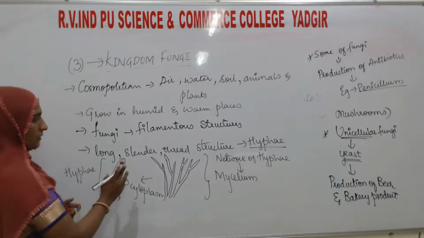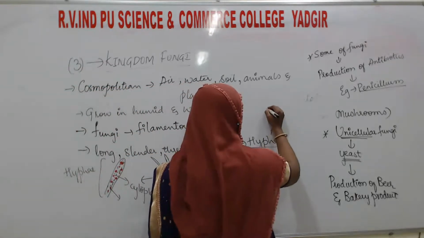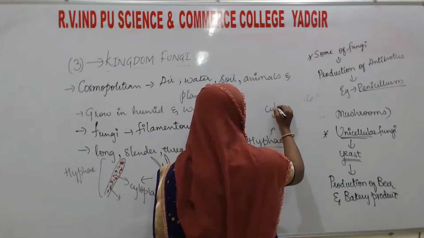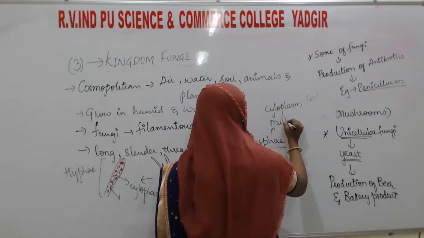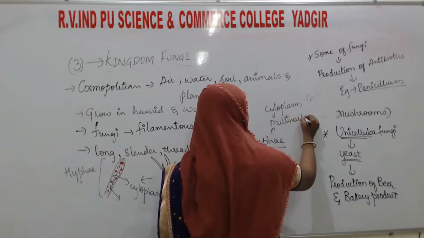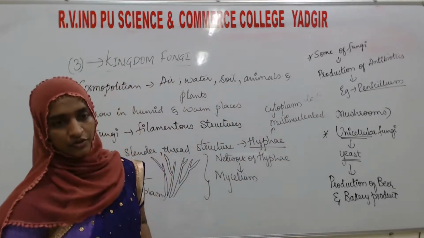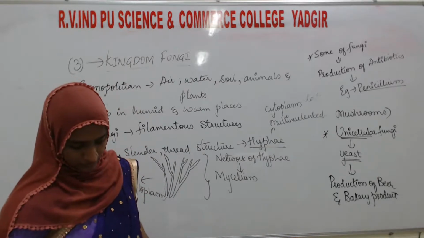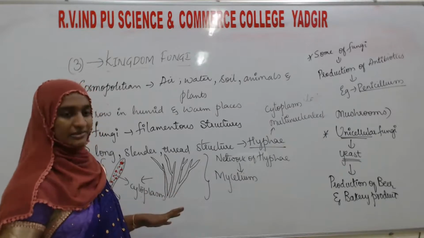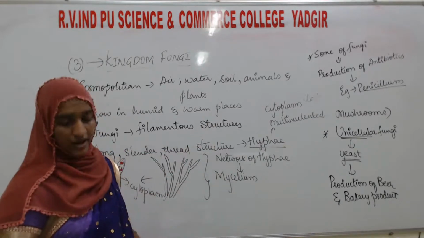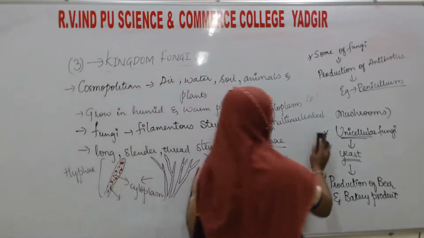So here, the hyphae are continuous tubes filled with cytoplasm and they are multinucleated. Multinucleated means many number of nuclei. So these tubes are multinucleated, cytoplasm will be there, and such a type of hyphae we can call the coenocytic hyphae.